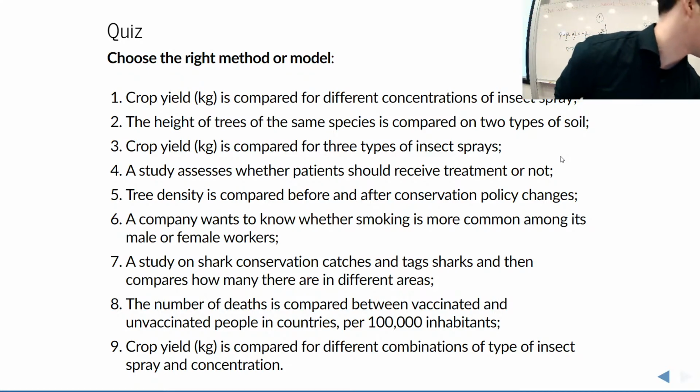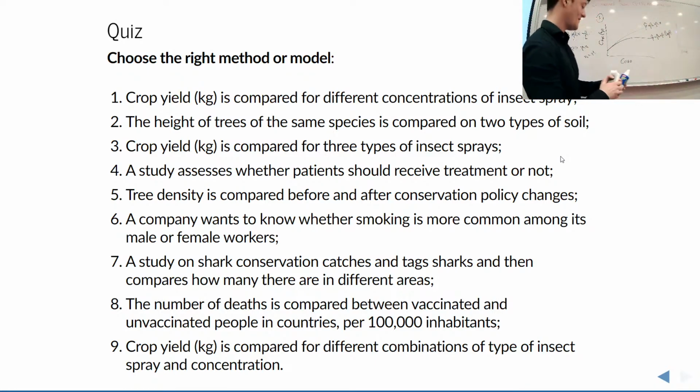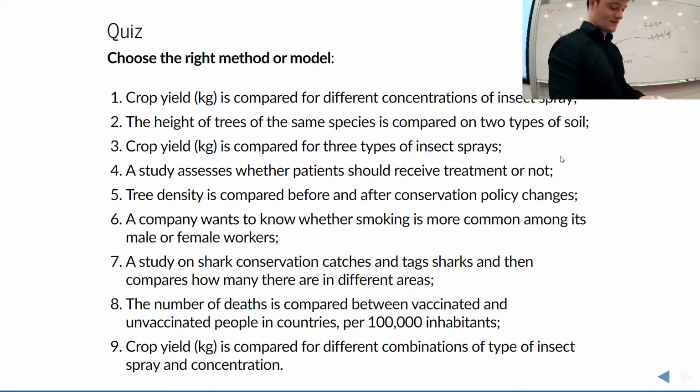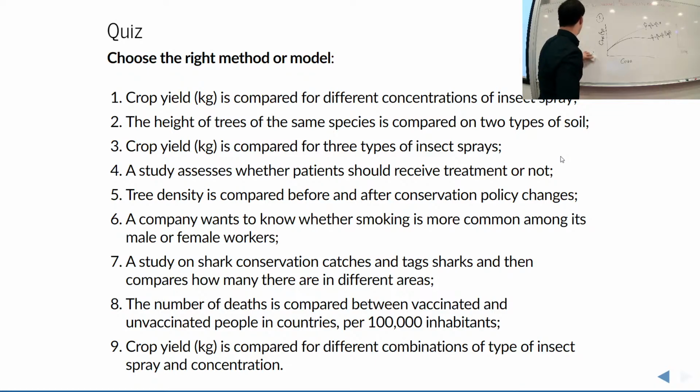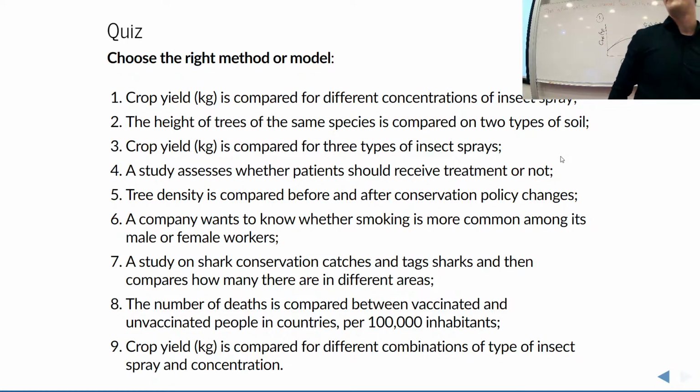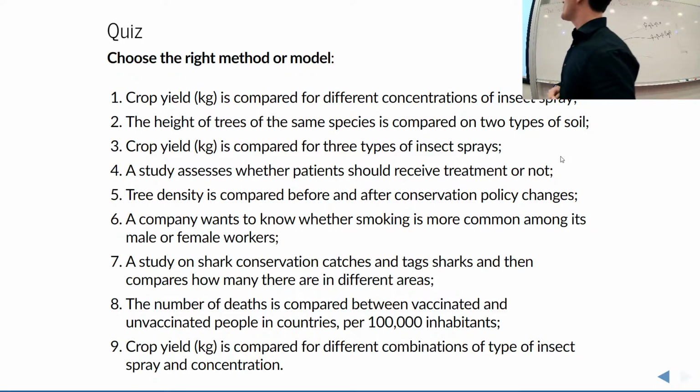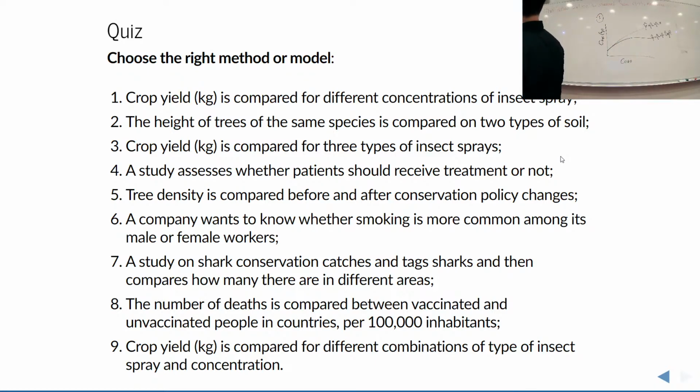In the meantime, I'm going to make some space. Number 3, ANOVA. Again, the crop yields.